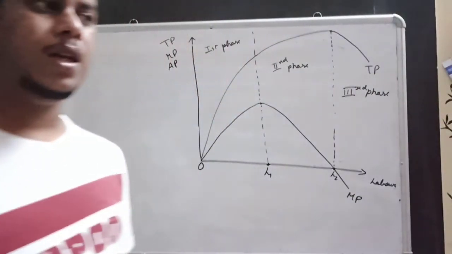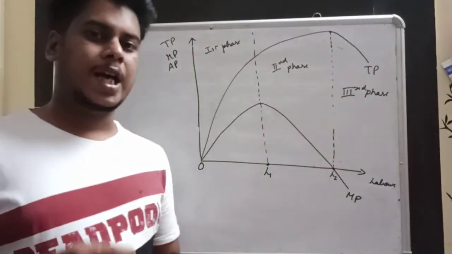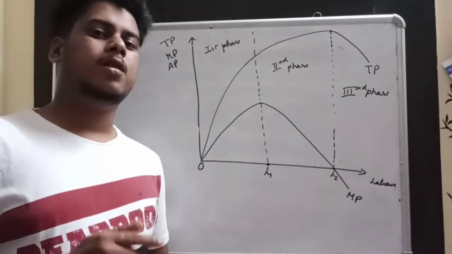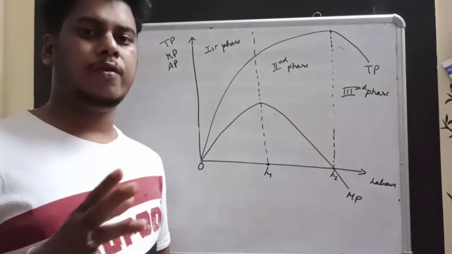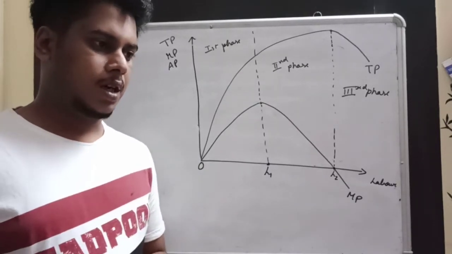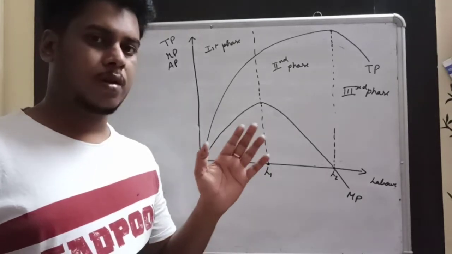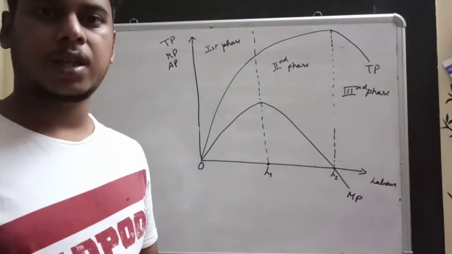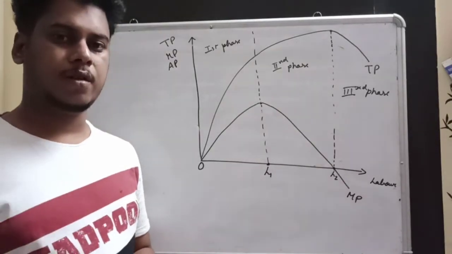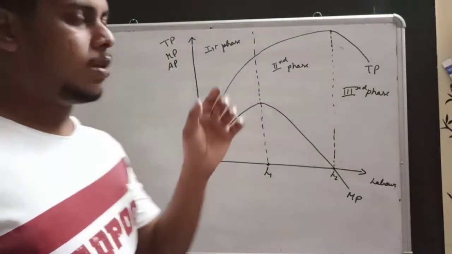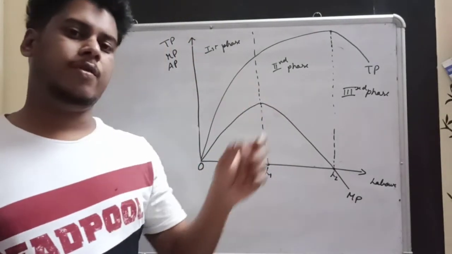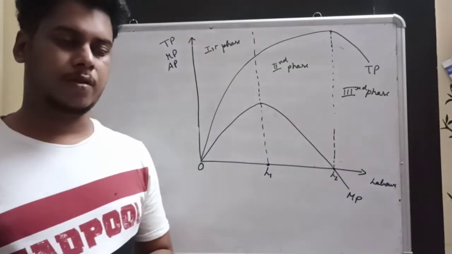We are saying that the law states, as we go on increasing the variable input, keeping at least one factor constant or fixed, the total product first increases at an increasing rate, then it increases at a decreasing rate, it reaches maximum and then falls. So in the first line of the definition we are speaking about the variable factor and the fixed factor.